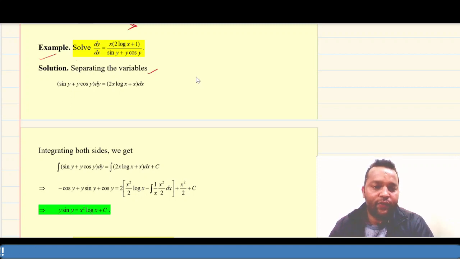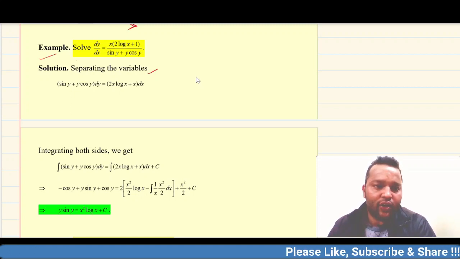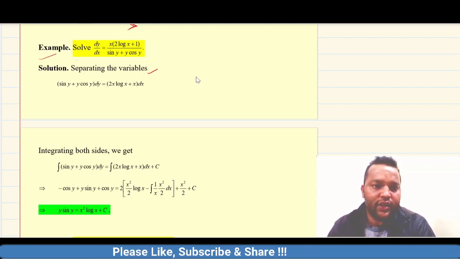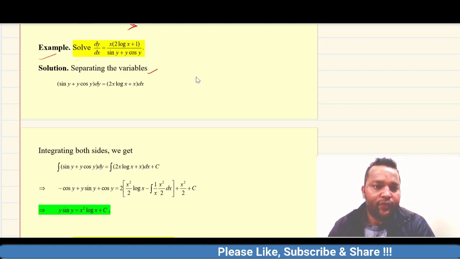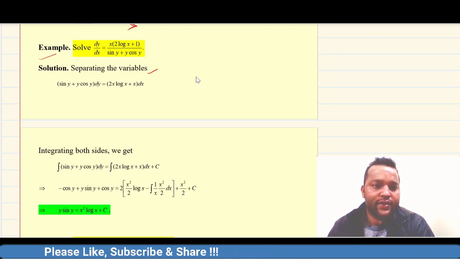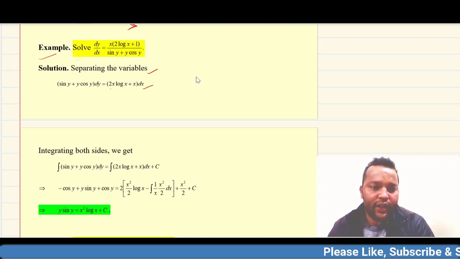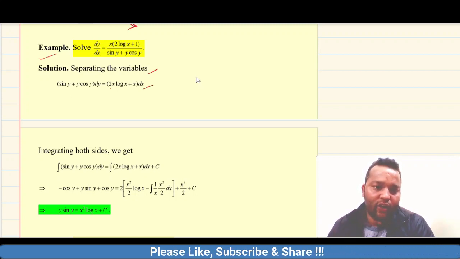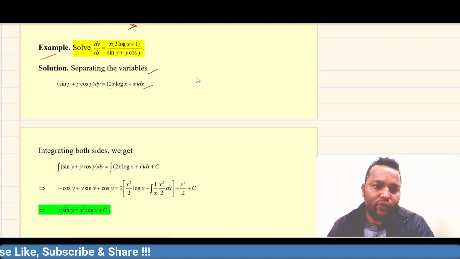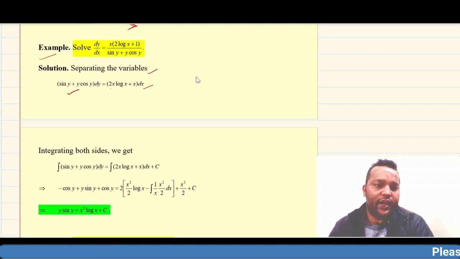That means we are trying to collect all the functions of x along with dx. This can be done by simple cross multiplication. We write x times 2 log x plus 1 times dx on one side, and all the functions of y along with dy on the other side.